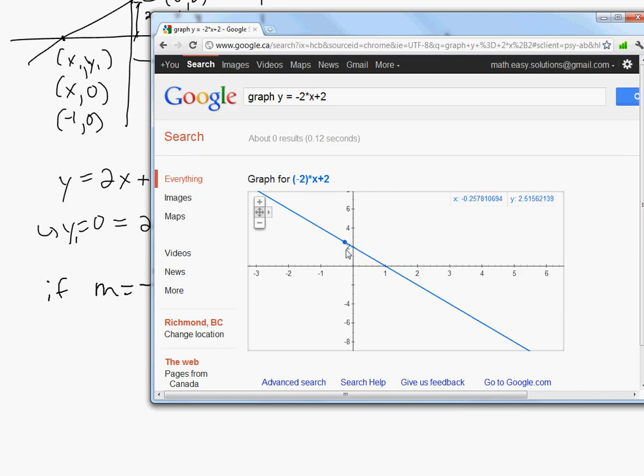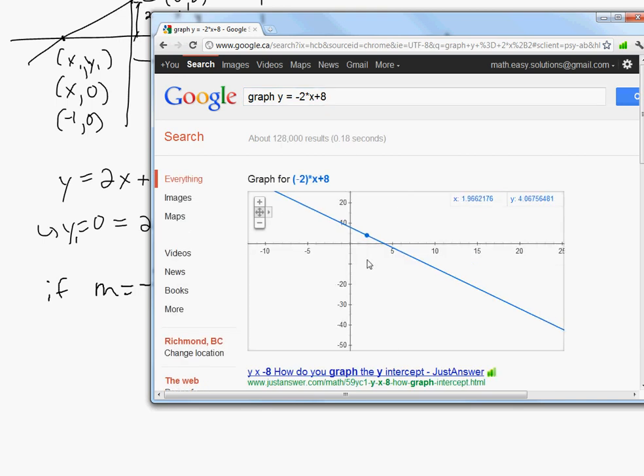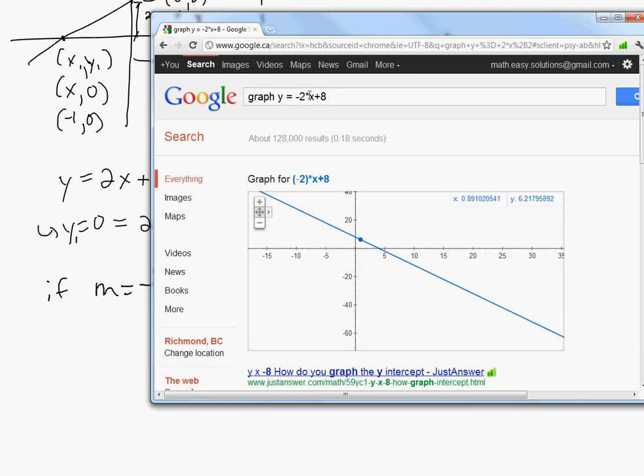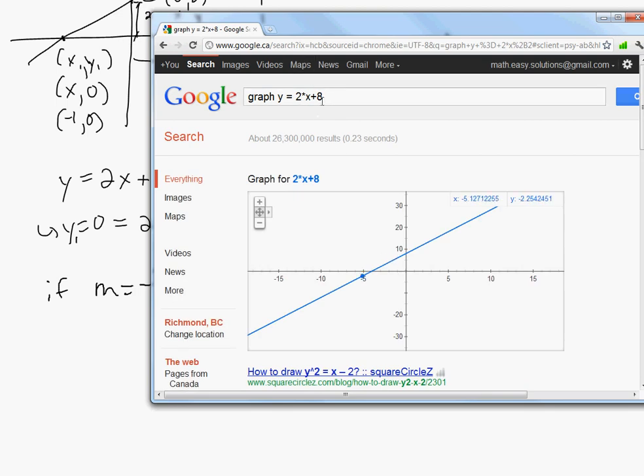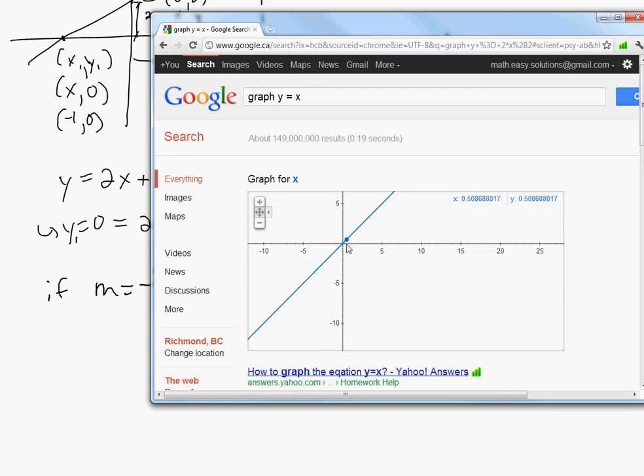You can play around with this. If this was 8, you've got another equation of a line. Or you can go y equals x, and it just goes directly through the 0, 0 point if there's no b.